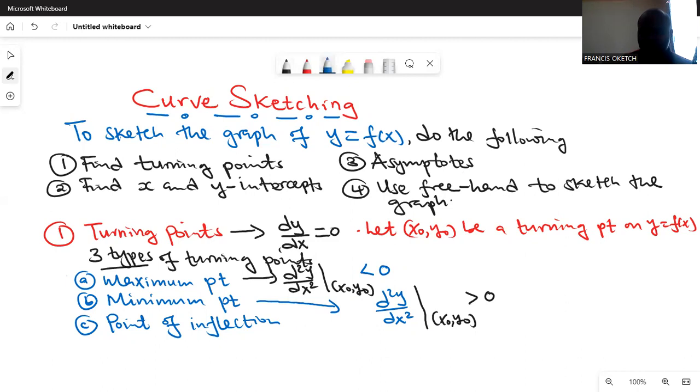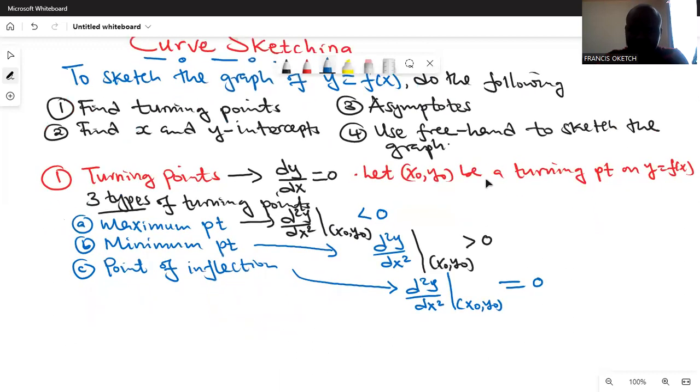And if you want to know whether your critical point is a point of inflection, then again using the second derivative test, d squared y over dx squared at the point x naught, y naught, if the result is equal to 0, then you know the point you have is a point of inflection. That is the second derivative test.